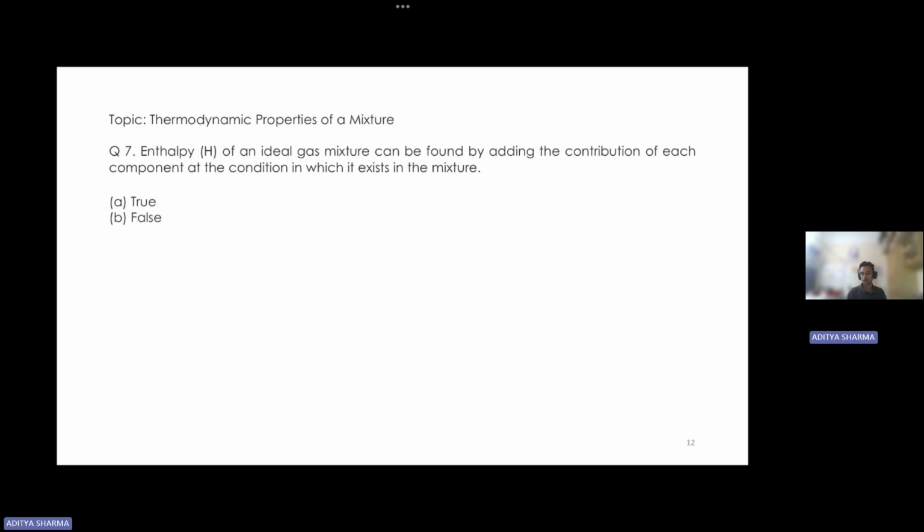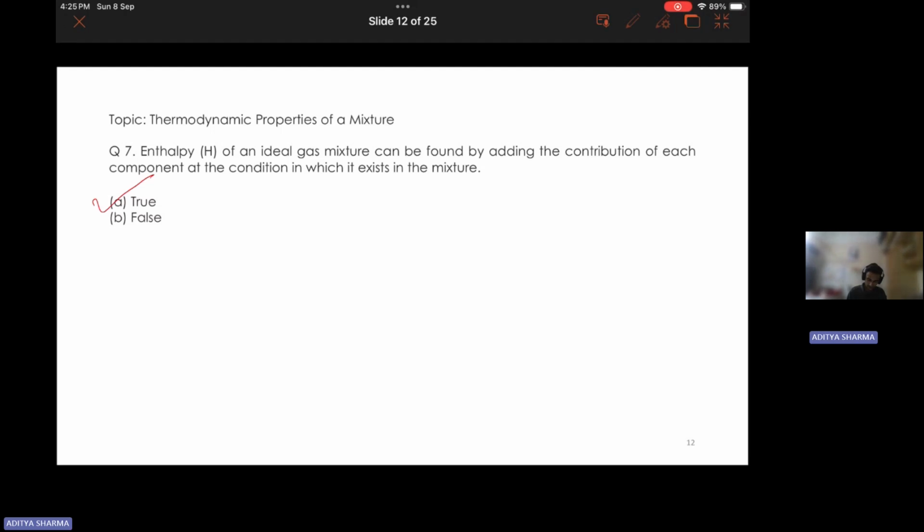This is the case for internal energy also. Okay. So in that case, this is a correct statement.